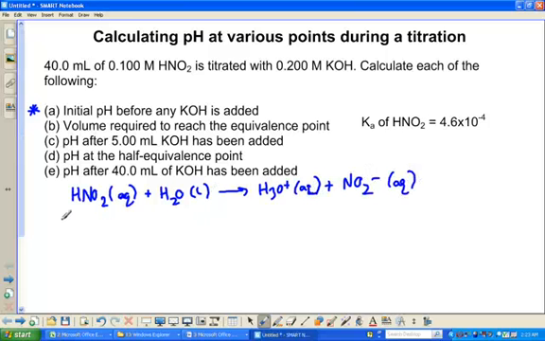So, we're going to have our initial, our change, and our equilibrium values. Of course, the initial value of our HNO2 is 0.1 molar. The water we're not concerned about, so we'll just forget about that. The initial values of the H3O+ and the NO2 minus are 0 and 0.